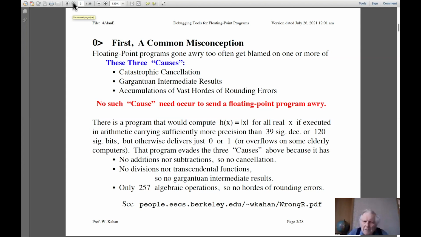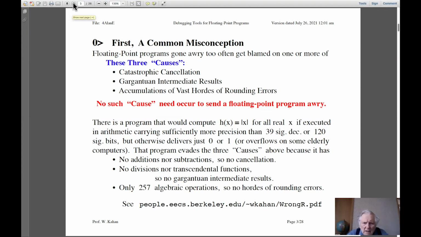It's perfectly possible to have a program which gets utterly the wrong answer, despite that there are no add subtracts, so there are no cancellations. There are no divisions, no transcendental functions, so you can't get enormous numbers.